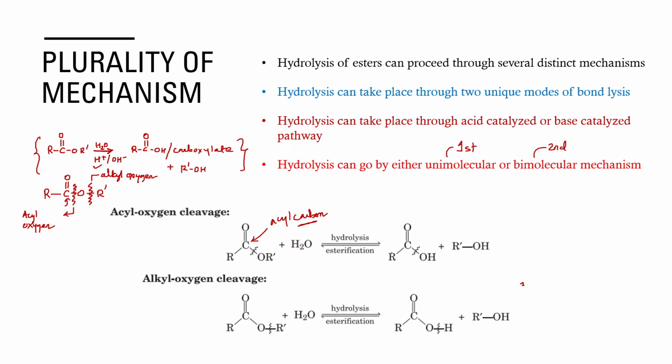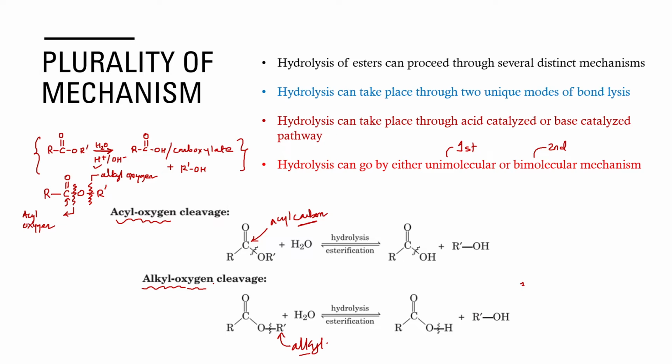This is one pathway through which an ester can convert to acid and alcohol by hydrolysis. Another method is that an alkyl group and oxygen bond can break. So this is the alkyl carbon. Therefore, you have two distinct lysis processes. One is acyl oxygen, one is alkyl oxygen.